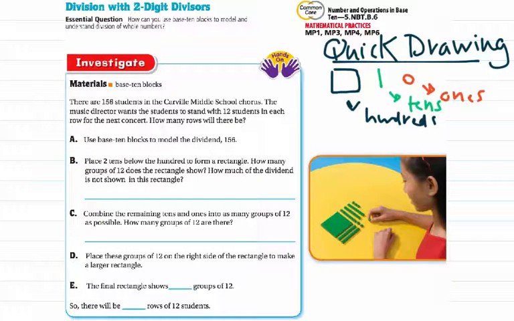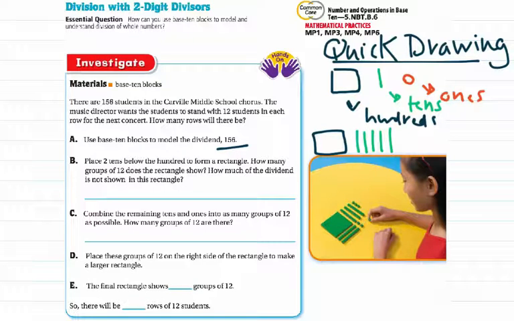We're going to model this with base 10 pieces in class, but right now we're going to use a quick draw. So we're going to model the dividend, which is 156. It's 100, because the 1 is in the hundreds place. Then we're going to use 5 tens: 1, 2, 3, 4, 5 tens.